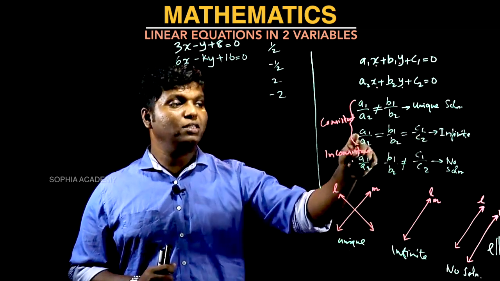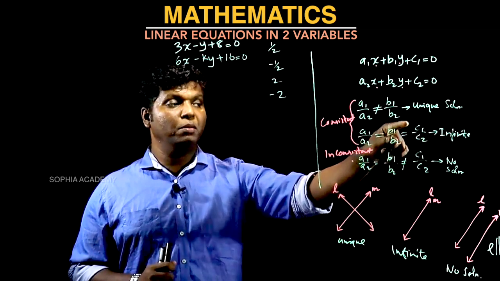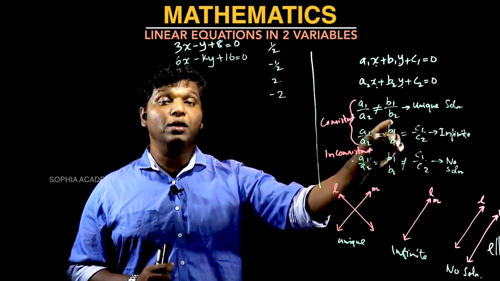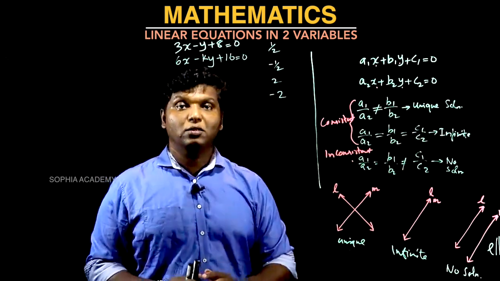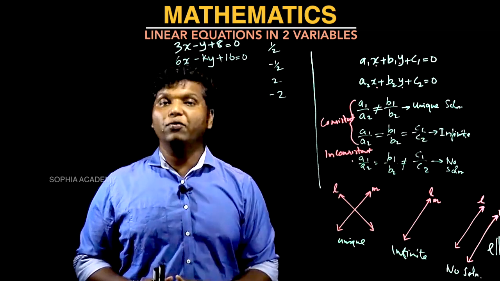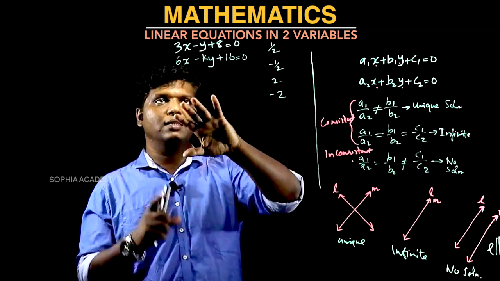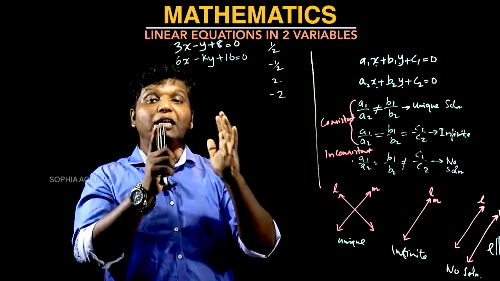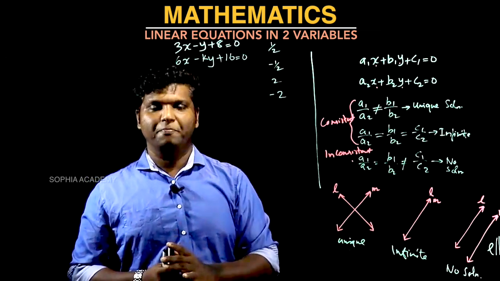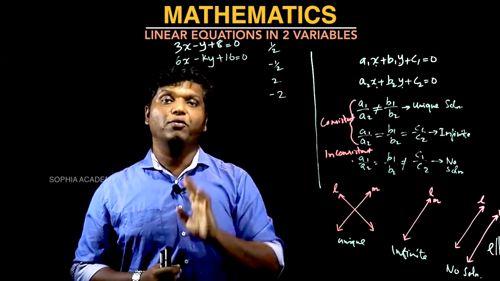Here it is clearly mentioned: a1 by a2 should be equal to b1 by b2, and that should be equal to c1 by c2. That condition satisfies that the two equations are going to have infinite solutions. So in other words, this question is asking that there are infinite solutions for this one, and in that case you have to find the value of k.